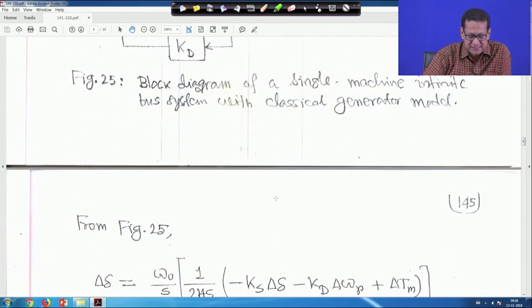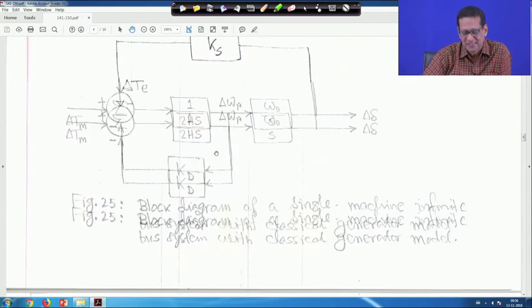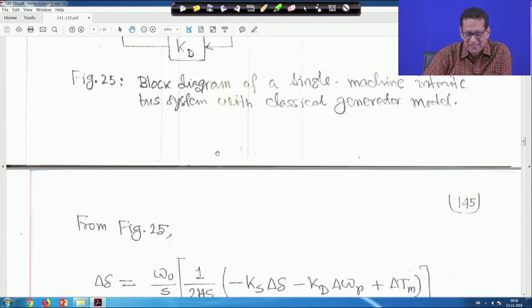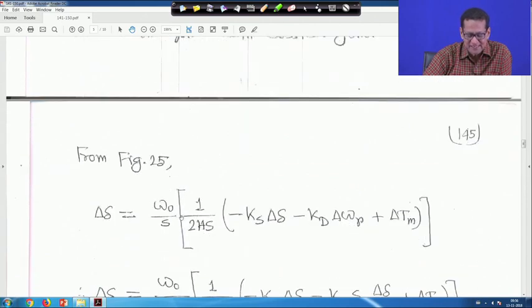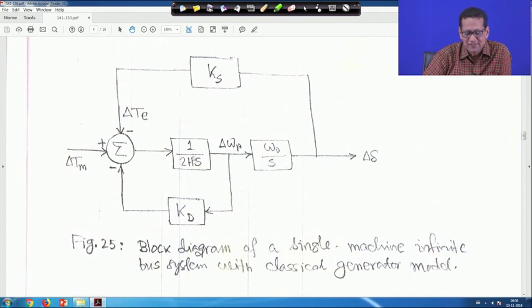Now, next, from this figure you just simplify. I am telling how to do it: delta delta is equal to omega 0 upon s into delta omega r, and delta omega r is equal to 1 upon 2 H s into delta T m minus K s delta delta minus K d delta omega r.